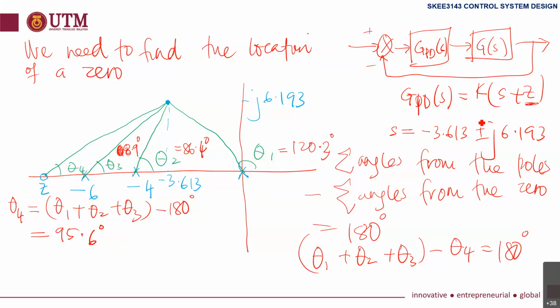The theta 4 is 95.6. Then we need to locate the position of the zero.